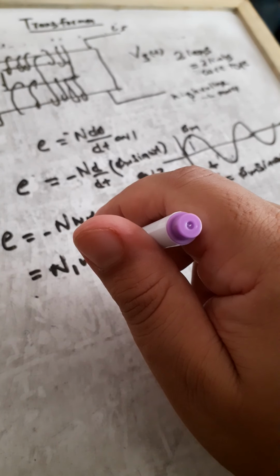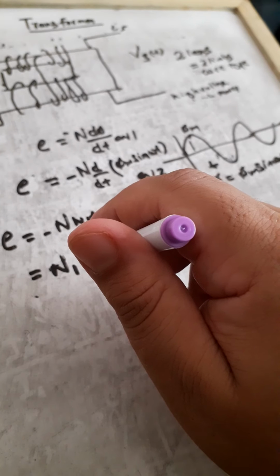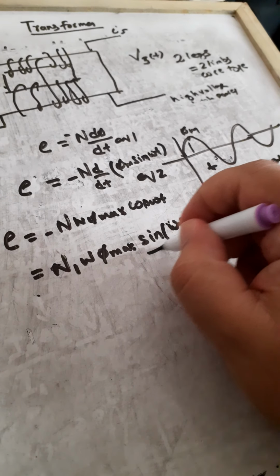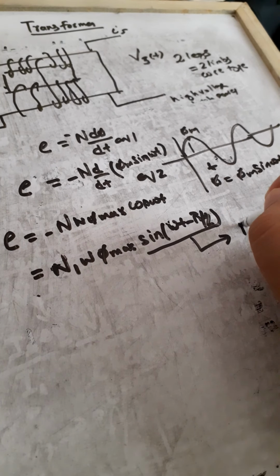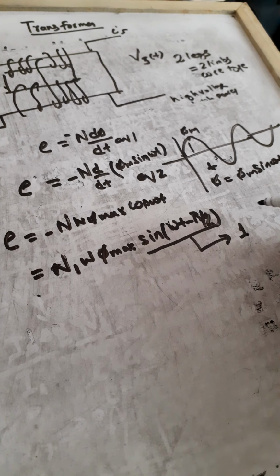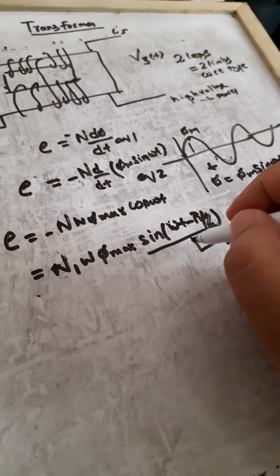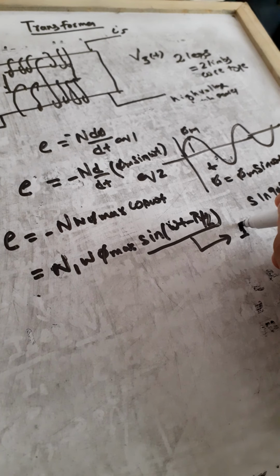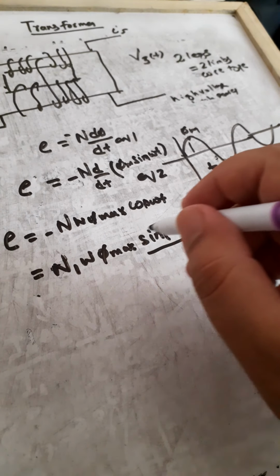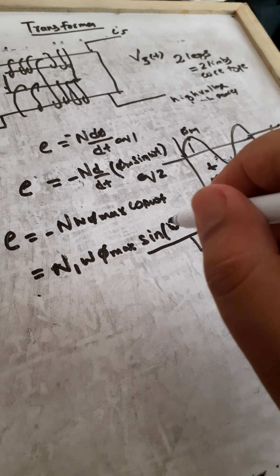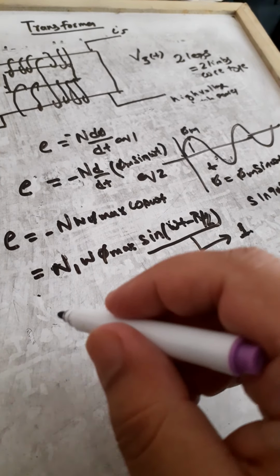I see that it will be maximum when this sine term is equal to 1. This term is equal to 1 only when the sine is at 90 degrees. Then only will I get the maximum value.